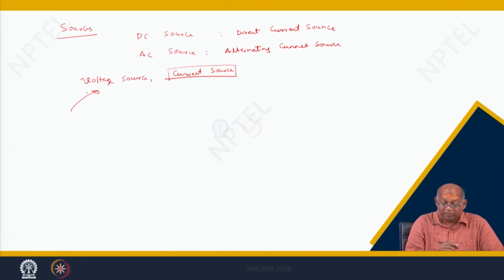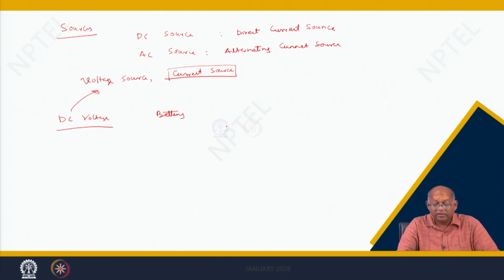So, let us consider a DC voltage source. What is a DC voltage source? You know, there is a battery. There are different kinds of battery: lead acid battery in the cars, nickel metal hydride in the cameras, lithium batteries in your laptop, and zinc batteries.